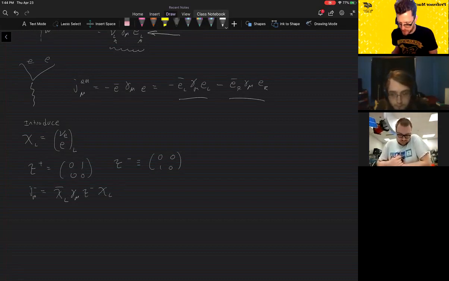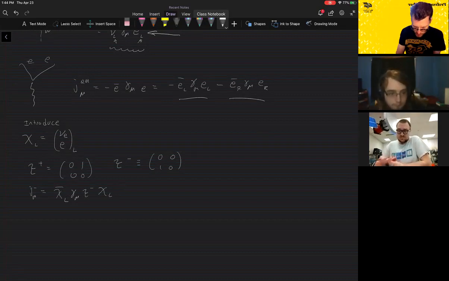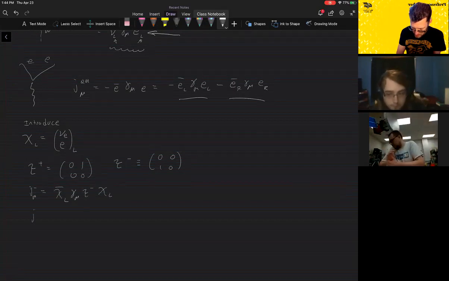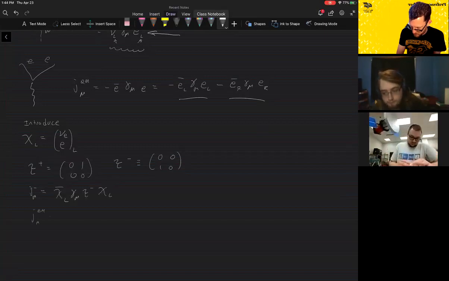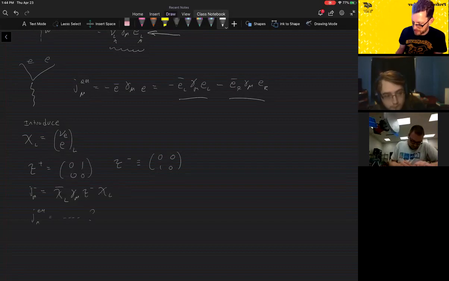So the question is then, can I write down J EM in terms of these matrices here? How would I write that down in terms of these chi states and these tau states?